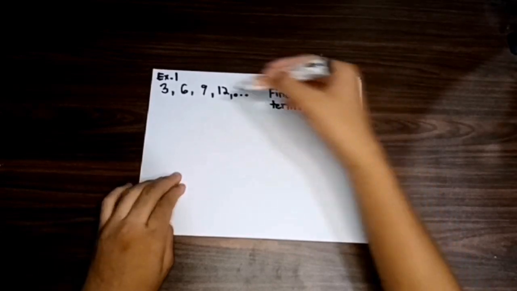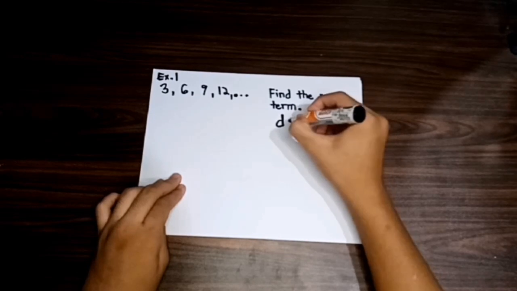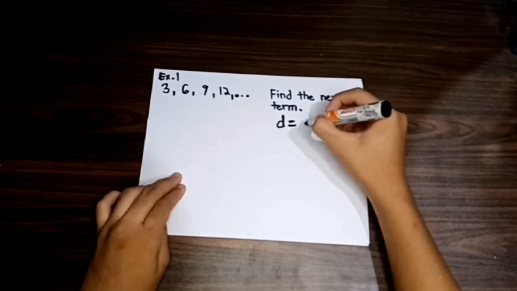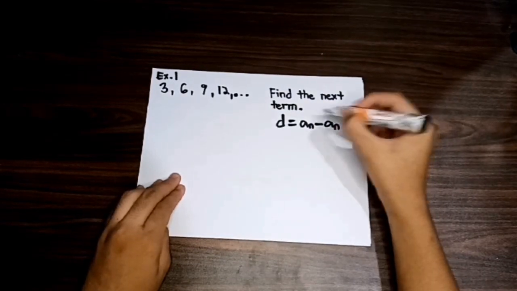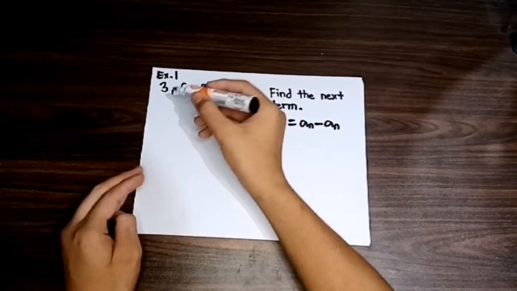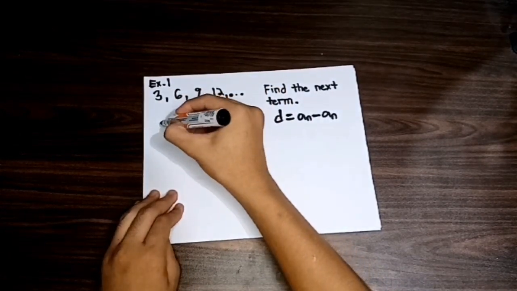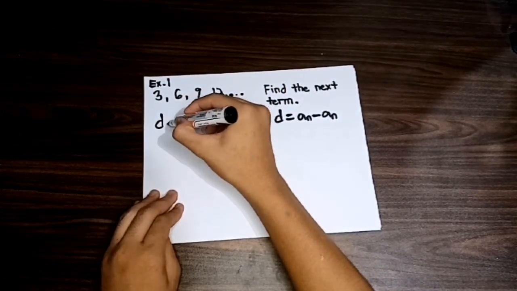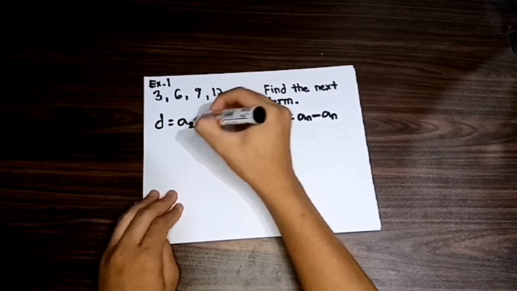Now here's an example. In this sequence, we need to find the next term. To find out, we need to identify first the common difference. To identify the common difference, subtract two consecutive numbers.